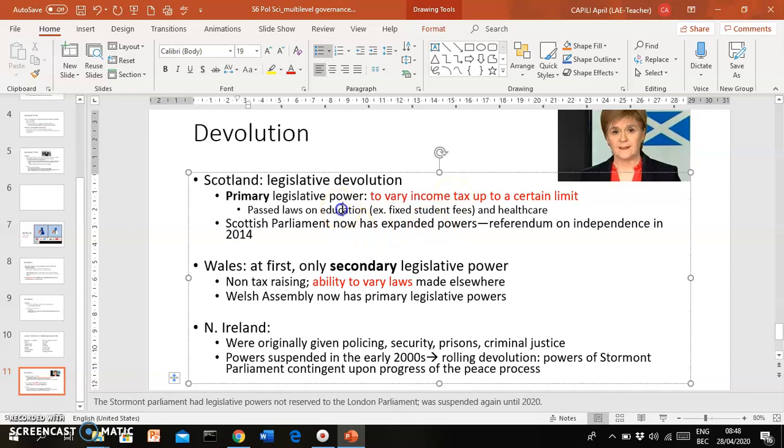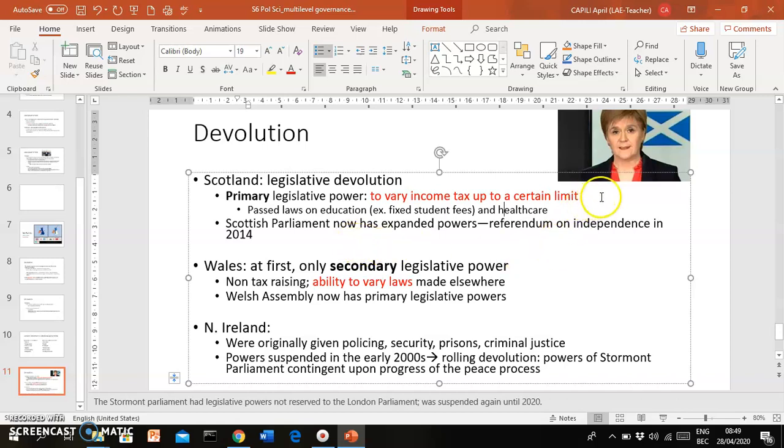Okay, and also the Scottish Parliament has passed laws on education. For instance, they fixed how much students have to pay at the universities, and also they have passed laws on healthcare relating to, for instance, more elderly people. The Scottish Parliament has gained broader powers, and if you remember, at a certain point, they were even able to organize a referendum as to whether the Scots wanted to stay in the United Kingdom or not.